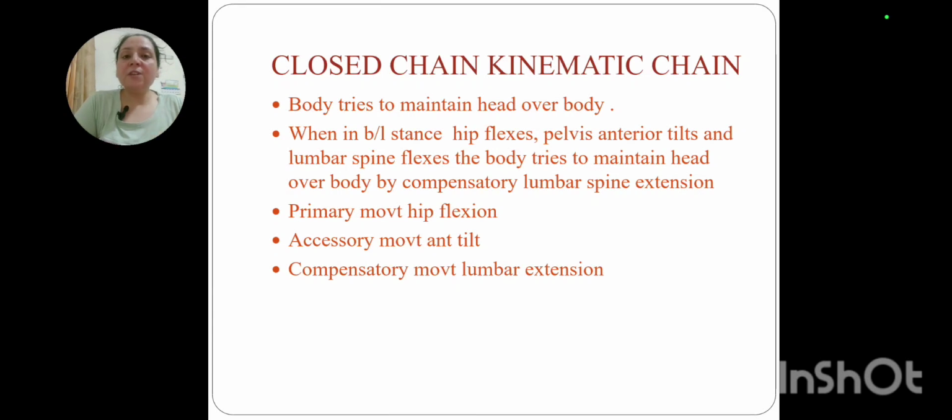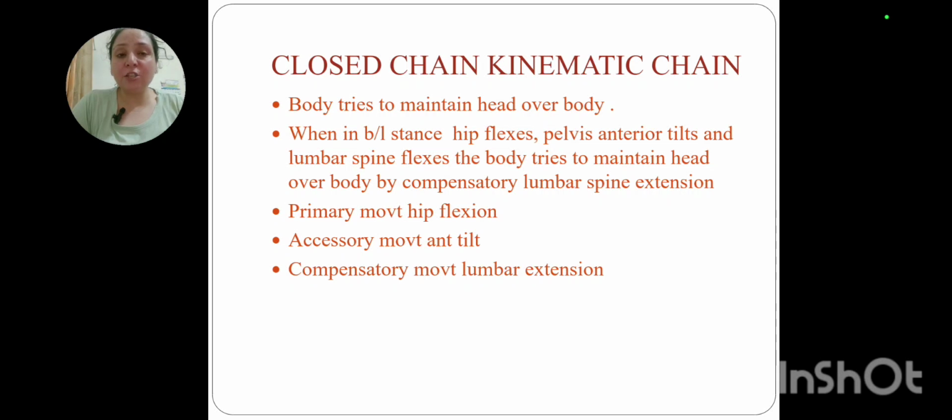Now, an open kinematic chain is a condition in which the distal end is free. You can see in this position the distal end was the hands and the head was free, therefore the movement was taking place. Now if we consider that there is a wall on the head, the head is stabilized, and our feet are stabilized at one position, then what kind of mechanics will take place?